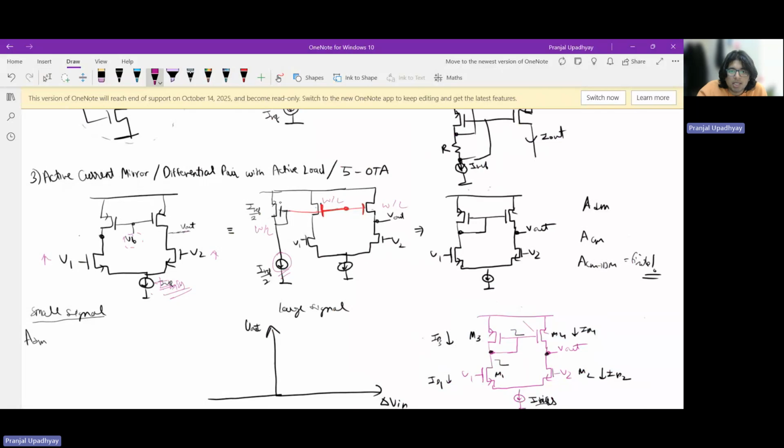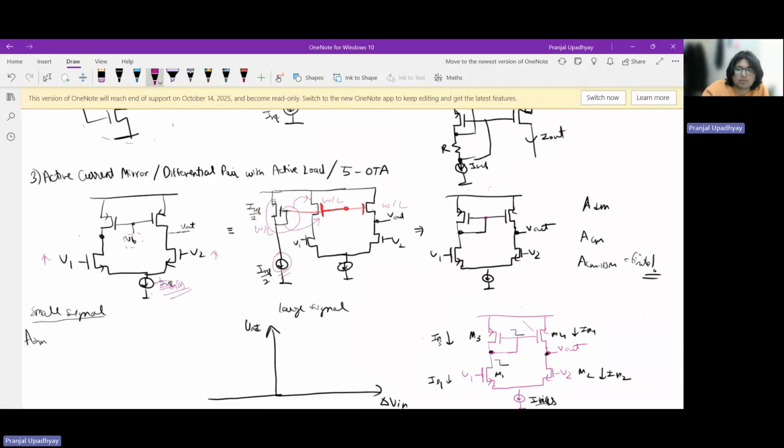I can basically bring this transistor straight away right here only. Fundamentally I want these two transistors to operate in saturation and carry I_REF by 2 current, and since everything else is symmetric, I can just bring this I_REF branch over here and diode connect this transistor.